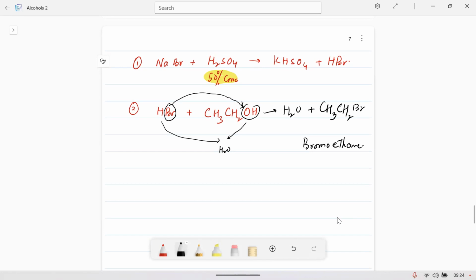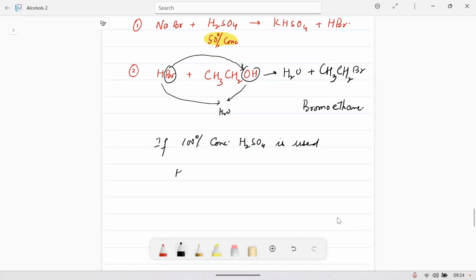Now if 100% concentrated H2SO4 is used, or otherwise, if it is more than 50% concentrated, what will happen is the HBr produced will further react with the concentrated H2SO4.